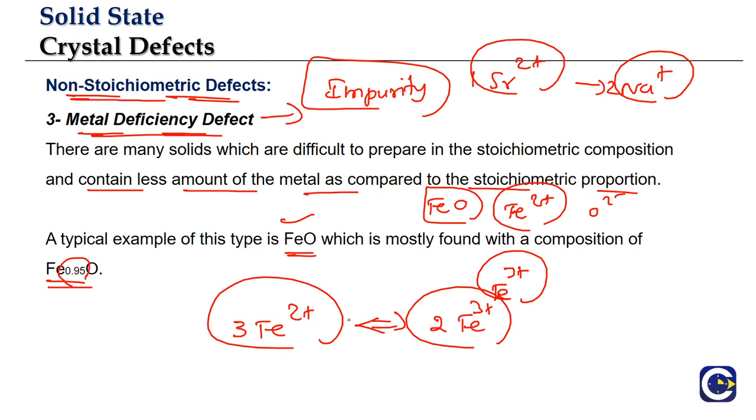So Fe2+ is replaced by Fe3+. We will not require an equal number of Fe3+, we will require a lesser number of Fe3+. For every 3 Fe2+ ions, we require only 2 Fe3+. So overall it appears as if the amount of metal is decreased, but the overall electrical neutrality will be maintained. The total charge on the cations will be equal to the total charge of the anions.